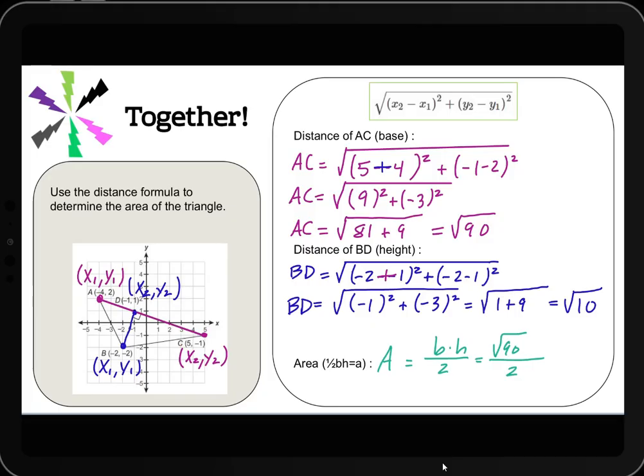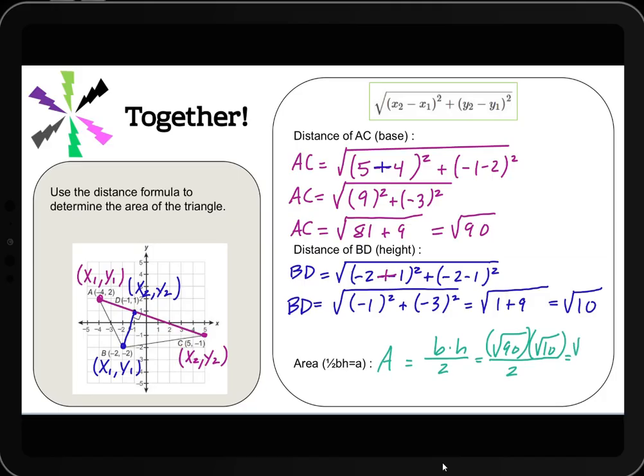So now I know that I'm supposed to multiply square root of 90 by the square root of 10, and divide all of that by 2. What's interesting about multiplying those together is that when you multiply the square root of 90 times the square root of 10, you get the square root of 900. And then you can just divide that by 2. What I'm saying is that you can actually multiply the numbers underneath since they're both square roots.